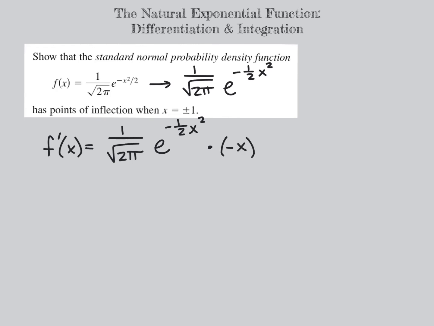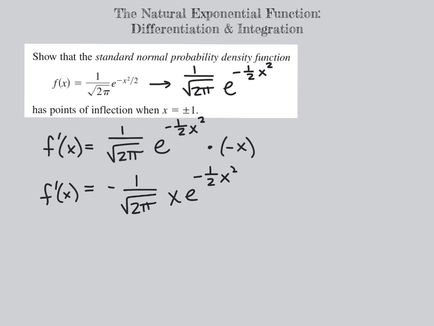We can write this a little bit cleaner and keep this coefficient out front, but we can actually move this negative just to the coefficient out front. So our coefficient is -1 over the square root of 2 pi, and then we have x e to the -1/2 x squared. So that's just the cleaned up version of our first derivative.